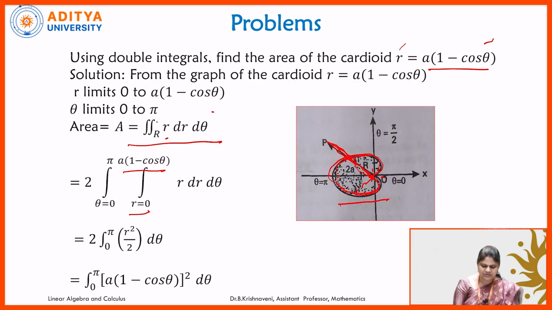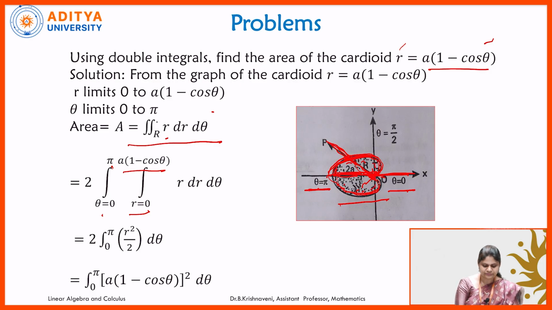So let us take the upper part, that is theta is equal to 0 to theta is equal to pi. Exactly, it is bisecting the entire region. So we can find the upper part region by theta from 0 to pi. If you apply 2 times that integration, you will get the total area of the cardioid.